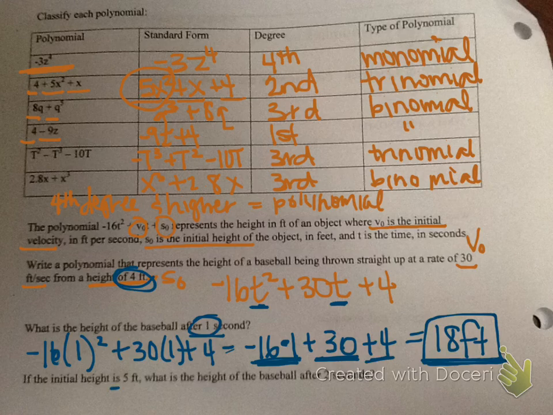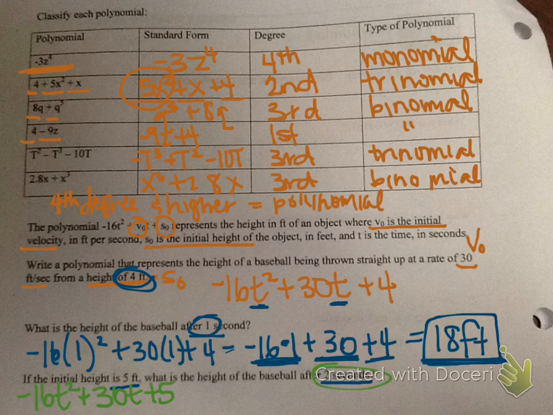If the initial height is 5 feet, what is the height of the baseball after 2 seconds? So now we're changing the initial height to 5. So let's see what happens when we change initial height to 5. We get negative 16t squared plus 30t plus 5.